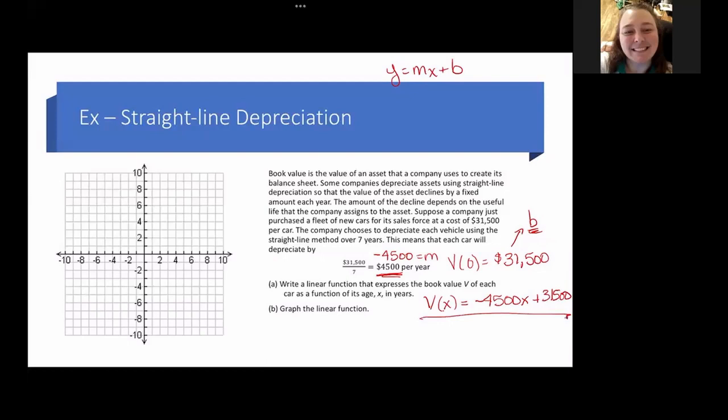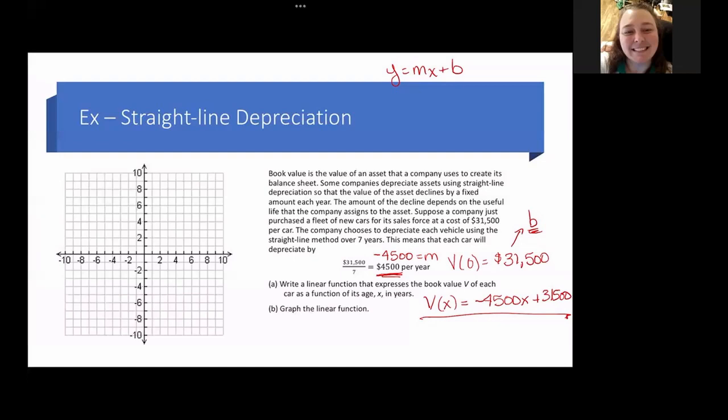Now we've got our linear equation. Remember, x is years, so at year 0, we paid full price, and we are sliding down the slope. We're losing $4,500 every year. So that's our slope.